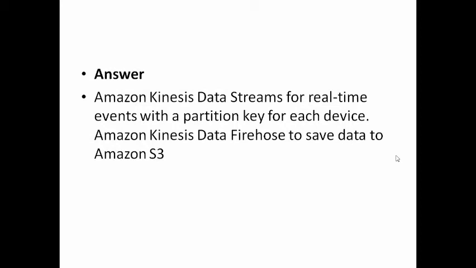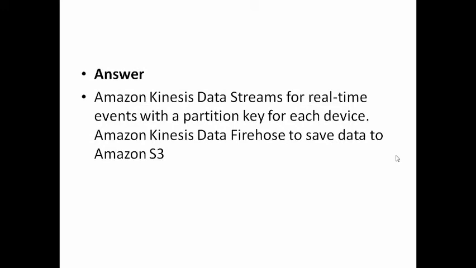And a partition key is used to group data by shard within a stream. So data coming from different IoT sensors, we can put it using a partition key so that all the data from a single sensor goes to the same partition. So Kinesis data streams segregate the data records belonging to a stream into multiple shards.